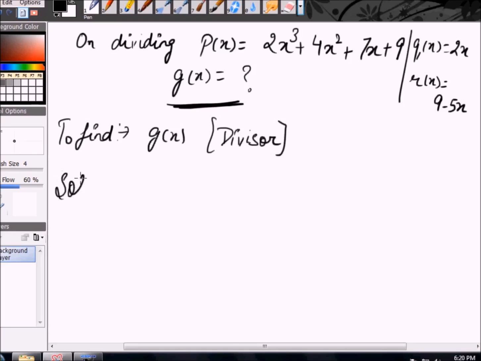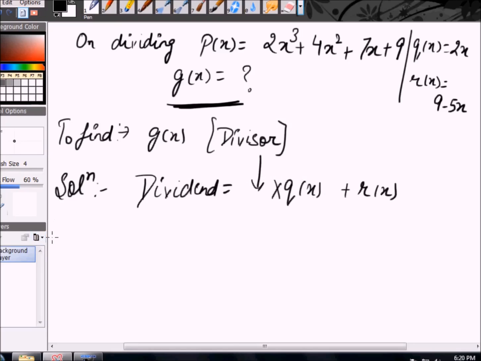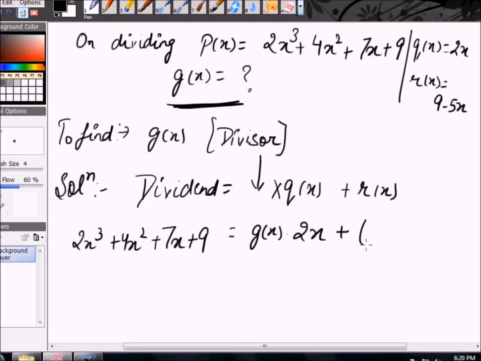We will be using the division theorem for polynomials, which says dividend equals divisor into quotient plus remainder. Thus 2x cube plus 4x square plus 7x plus 9, the dividend or p(x), equals g(x) into 2x plus 9 minus 5x.